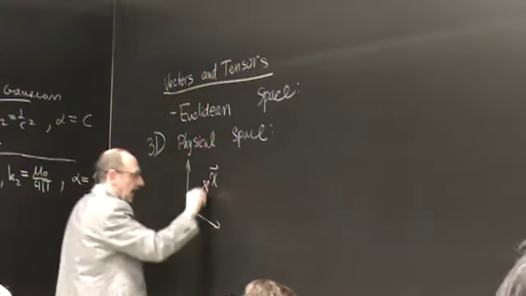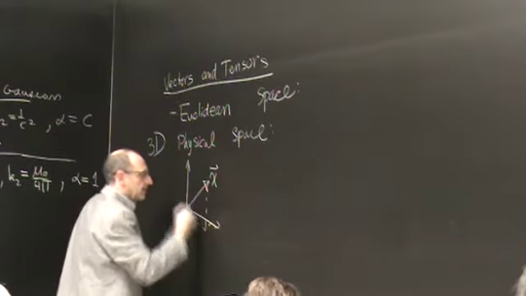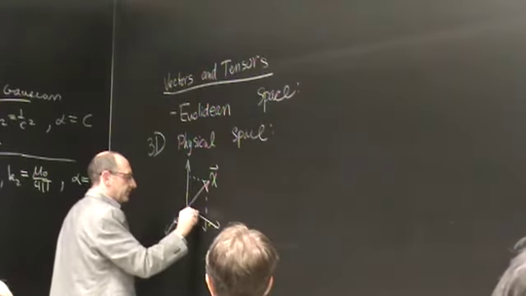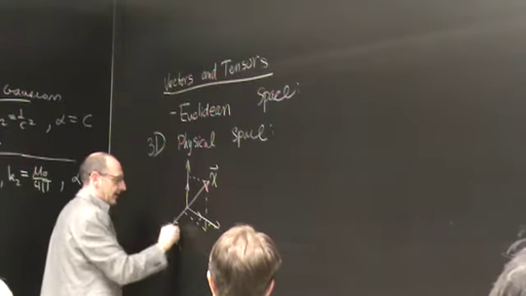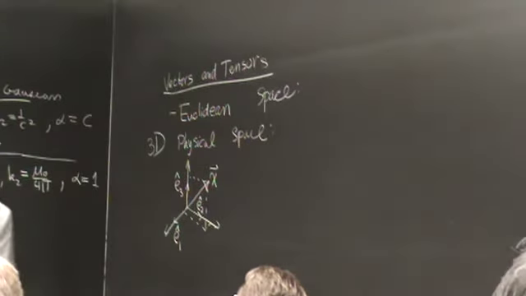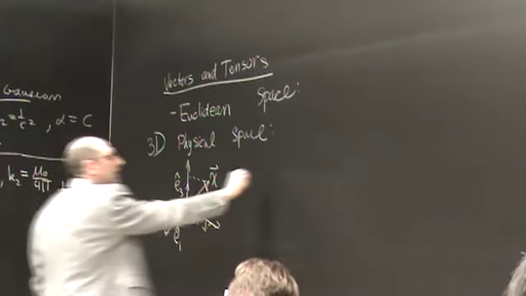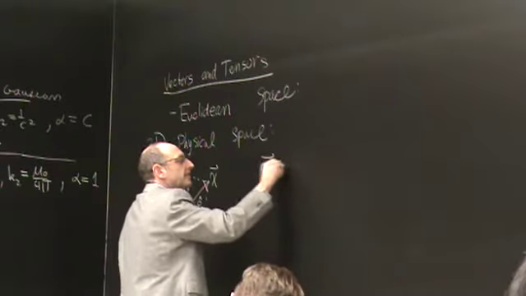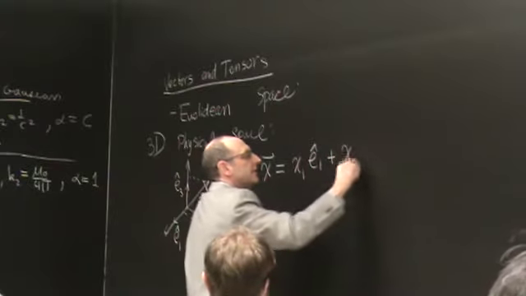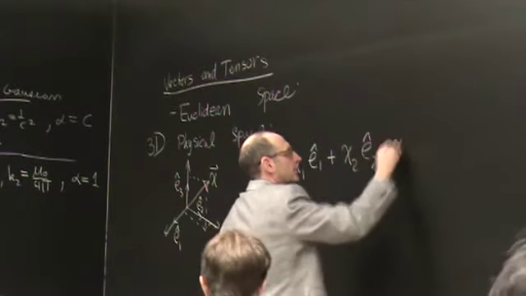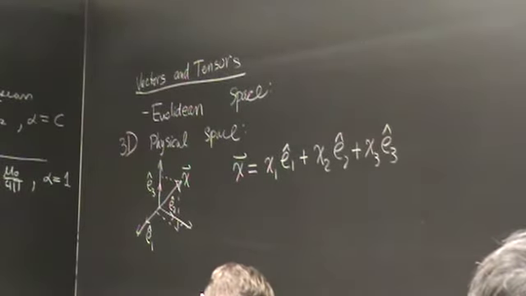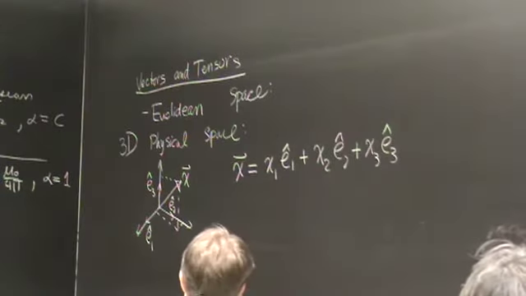And that has some representation in terms of a basis. So we have basis vectors, I'll call them E1, E2, and E3. They're unit vectors. Because this is a basis, we can expand our position in terms of these basis vectors with coordinates x1, x2, and x3.